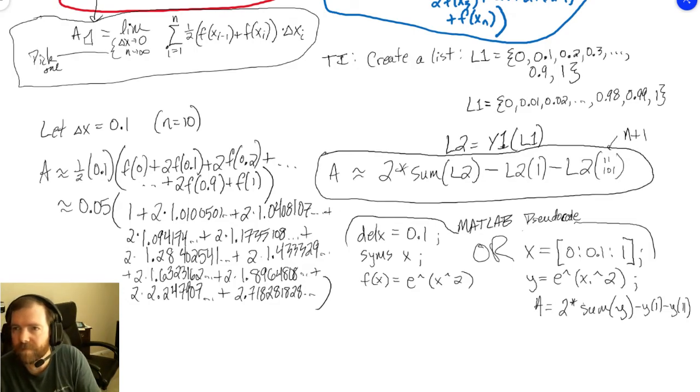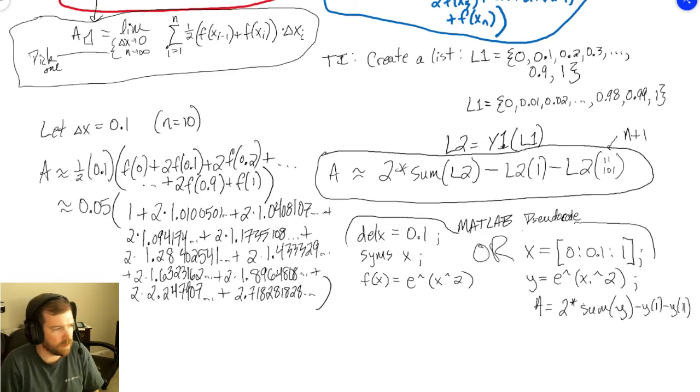So I'm going to type in the pseudocode like I did here. This is going to be del x equals 0.1. Okay. I don't remember actually typing that out. That's weird. All right, cool.